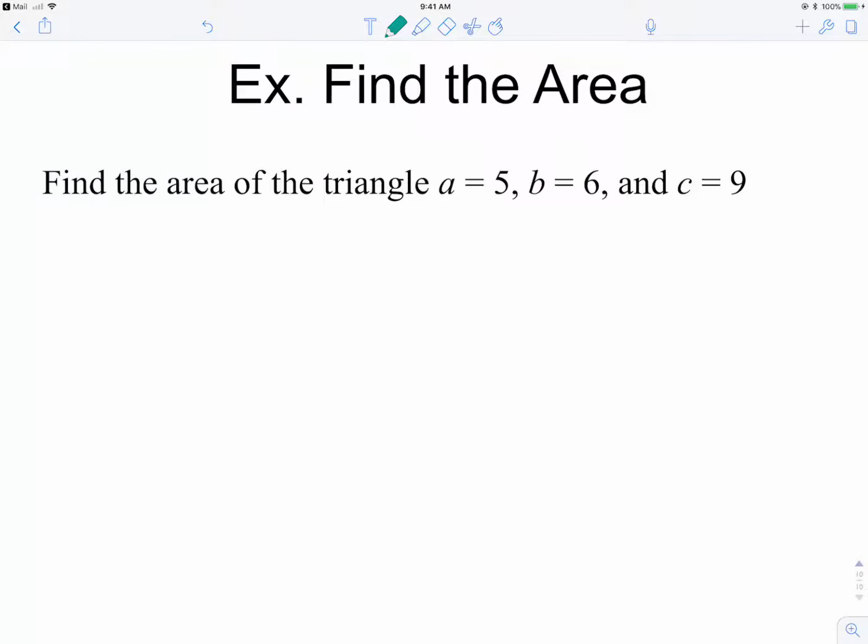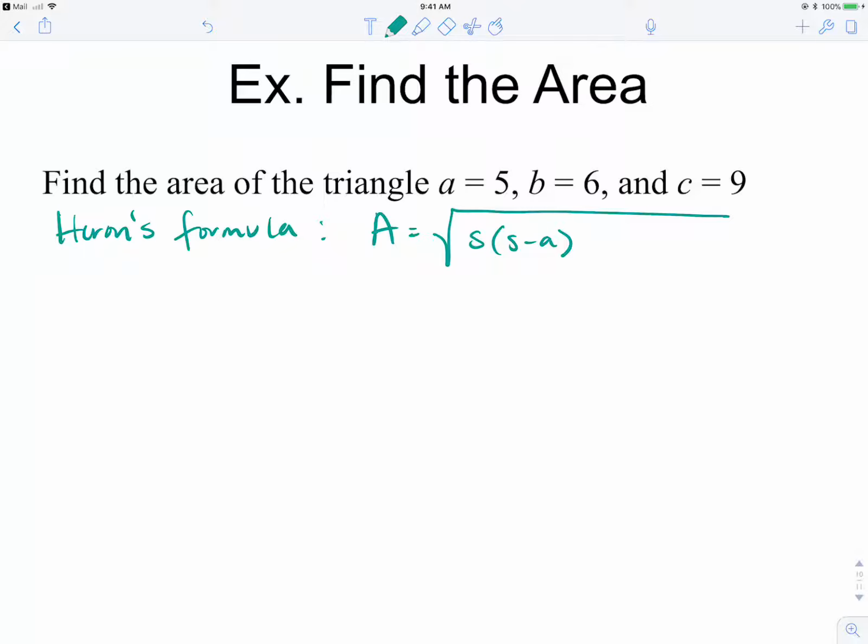Okay, we're finding the area of the triangle side, side, side. We're given all 3 sides of the triangle. You could use what we call Heron's formula, which is area is equal to the square root of S times S minus A times S minus B times S minus C, where S equals the half perimeter of the triangle.